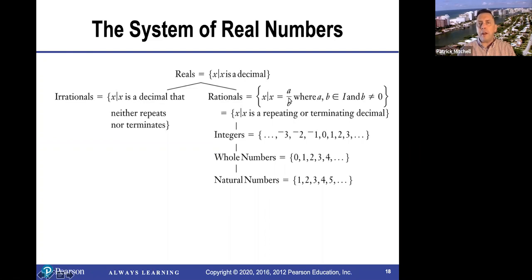Okay, remember, numbers that can be written as fractions will always either repeat or terminate. Now, inside of the set of rational numbers, you have integers. So integers are a subset of rational numbers. Whole numbers are a subset of integers, and natural numbers are a subset of whole numbers. So biggest sets are at the top, smallest sets are at the bottom.